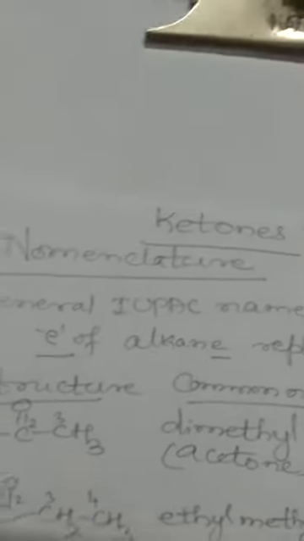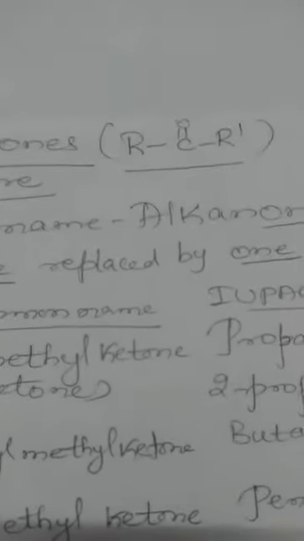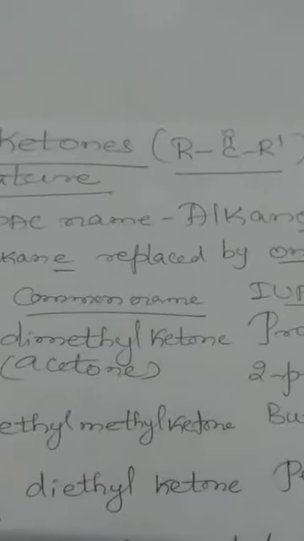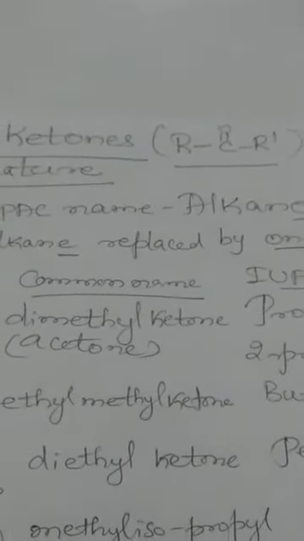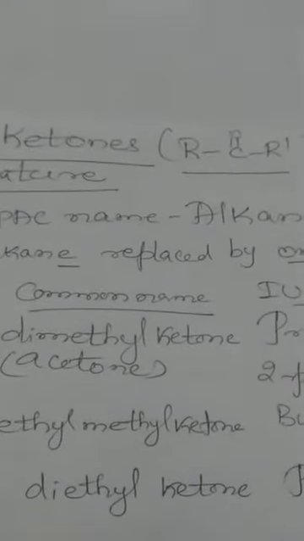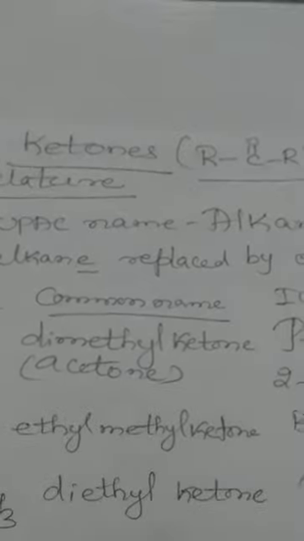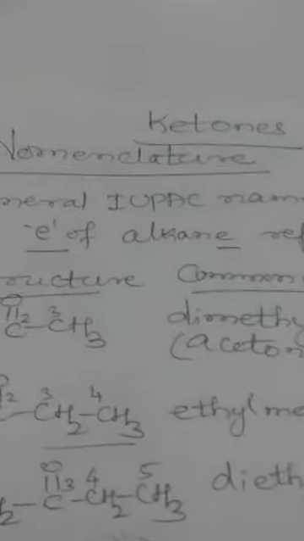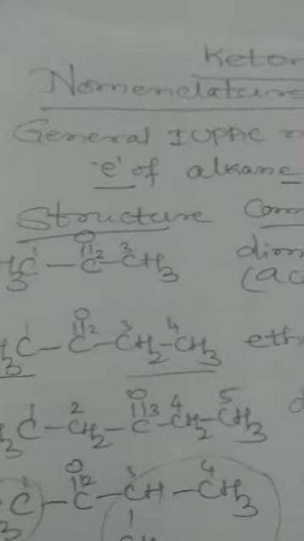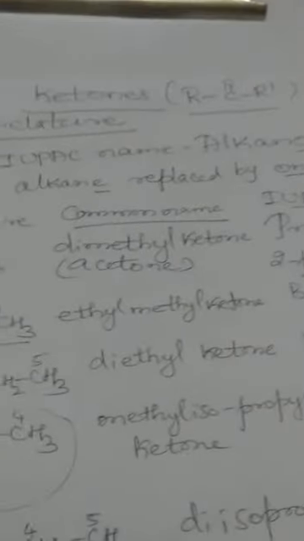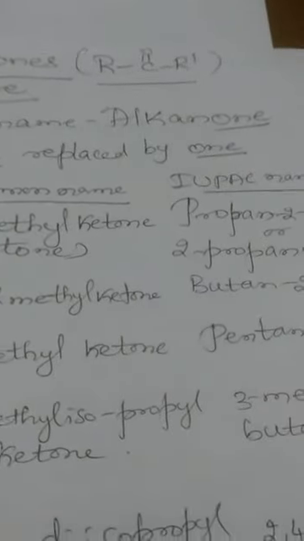In the common system, the organic groups R and R' are named first. After naming the groups R and R', the word ending added is ketone. Whereas in the IUPAC system for aliphatic ketones, the general IUPAC name given is alkanone.